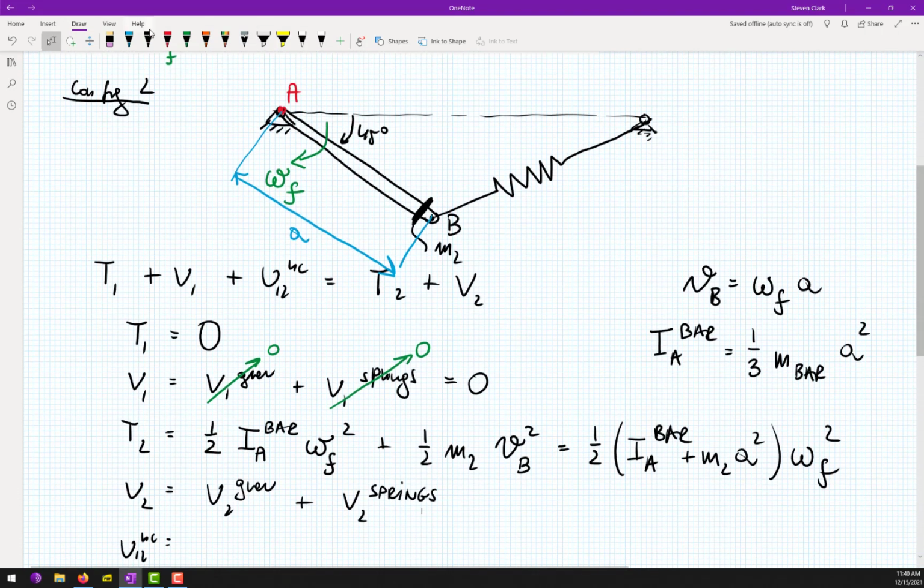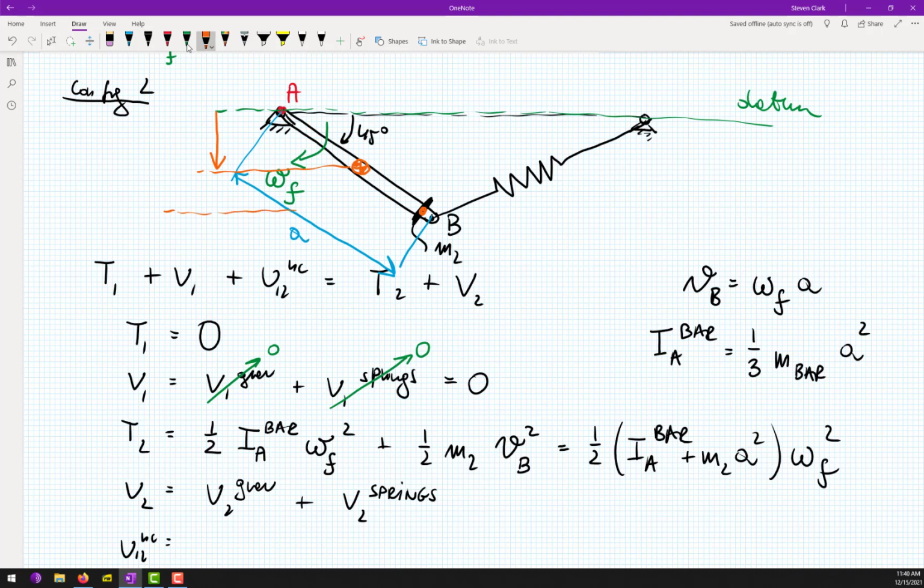So I think that our centers of mass are below our datum, yes? One of them is here, and the other one is here. So what is this distance? Maybe somebody can tell me. And what is this distance?